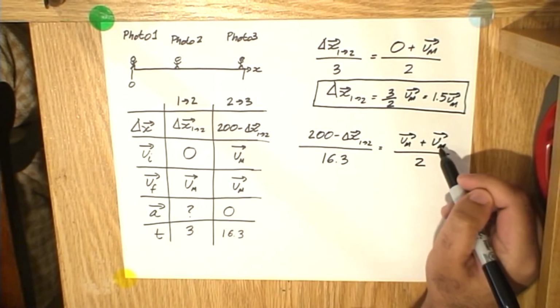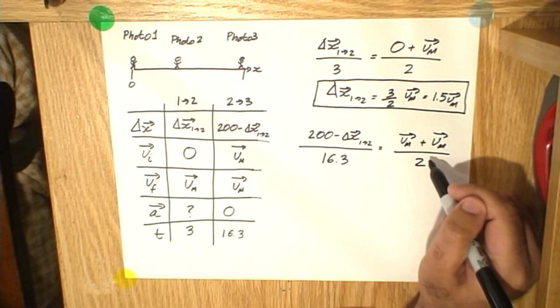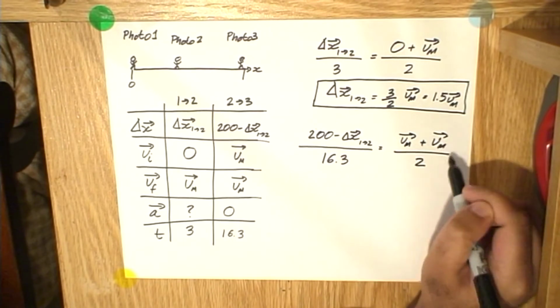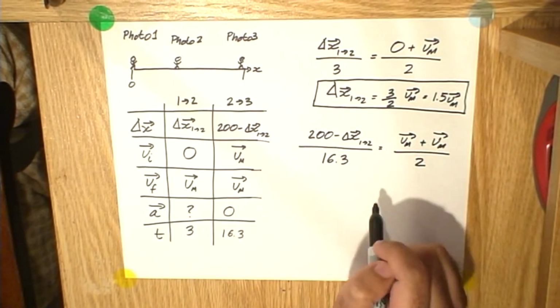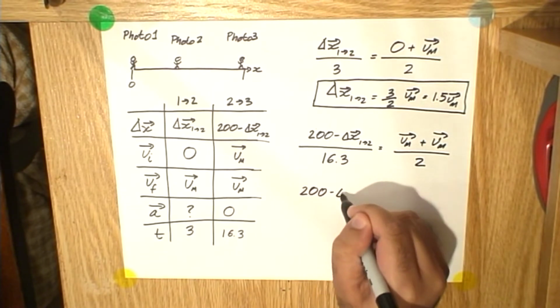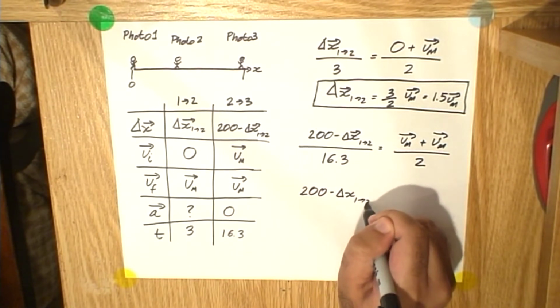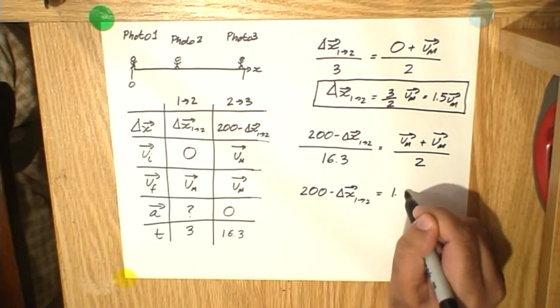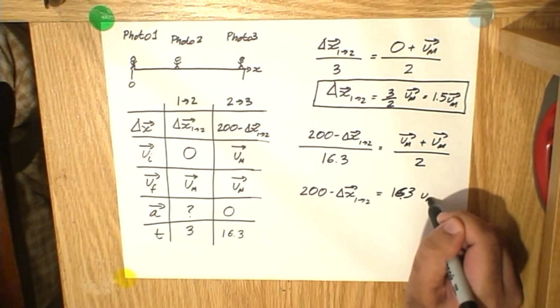Now, Vmax plus Vmax will give me 2 Vmax, but dividing by 2, I cancel that out, so I just end up with Vmax again. And then multiplying both sides by 16.3, I get 200 minus delta x 1 to 2 is equal to 16.3 Vmax.